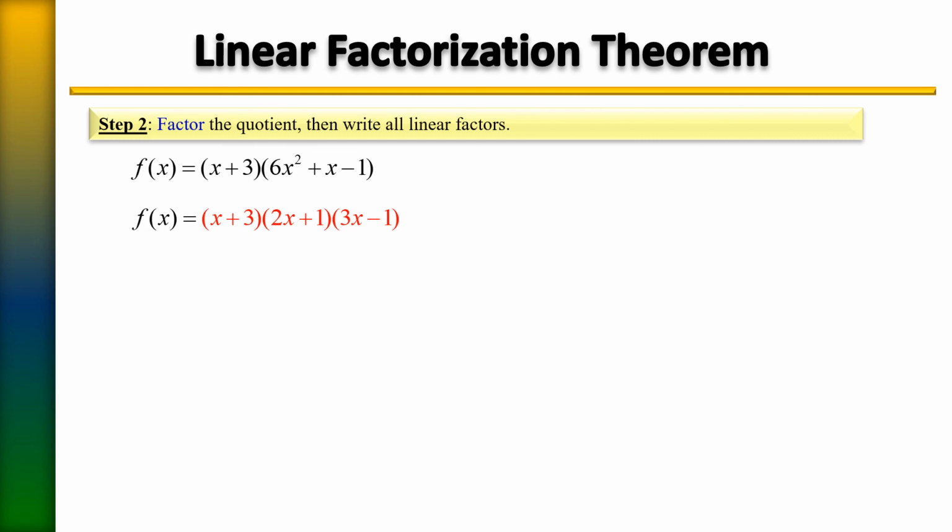So we just factored the trinomial there. It factored into 2x plus 1 times 3x minus 1. And we already had our divisor, which was x plus 3. And so there you have it, the linear factorization of the polynomial.